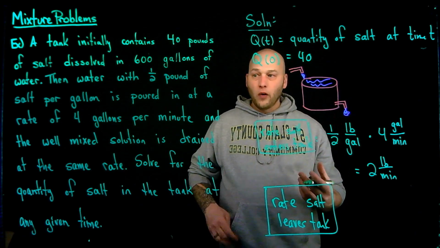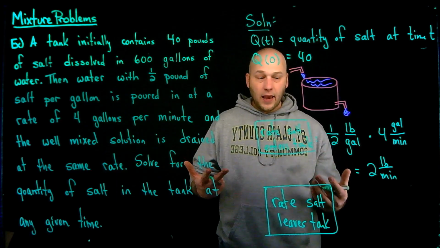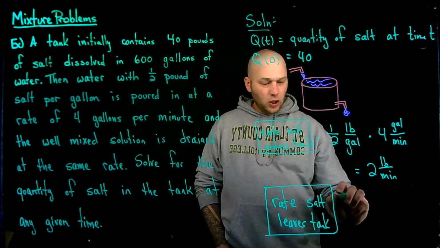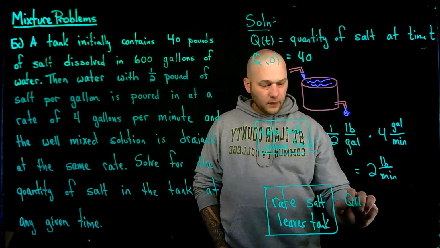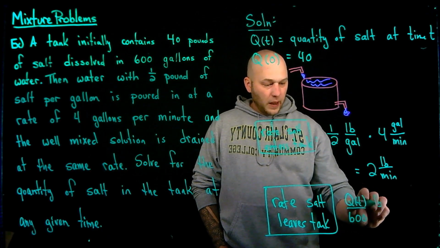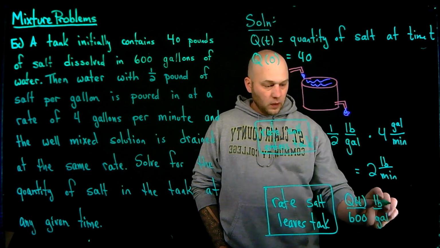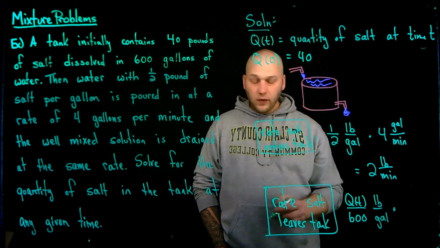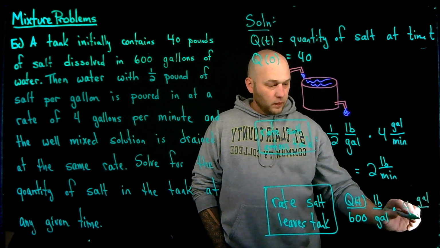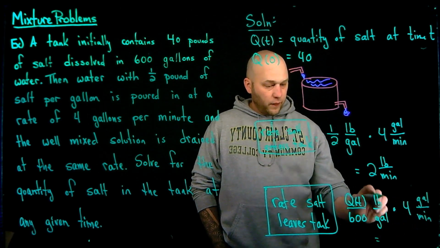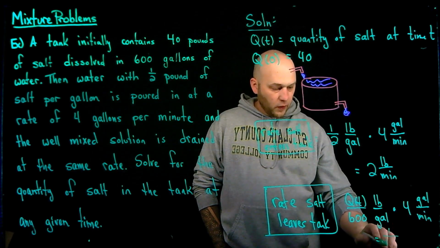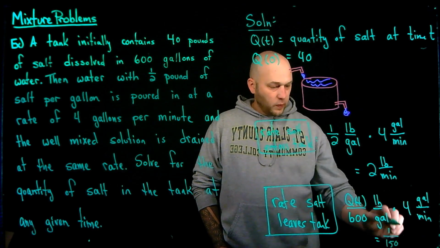It's going to be the overall quantity of salt in the tank at that time divided by how big the tank is. So that would be Q of t divided by 600 pounds per gallon, multiplied by the rate that it's leaving the tank, which is 4 gallons per minute. And 4 over 600 would be 1 over 150, so this is Q of t over 150, and that's going to be pounds per minute.